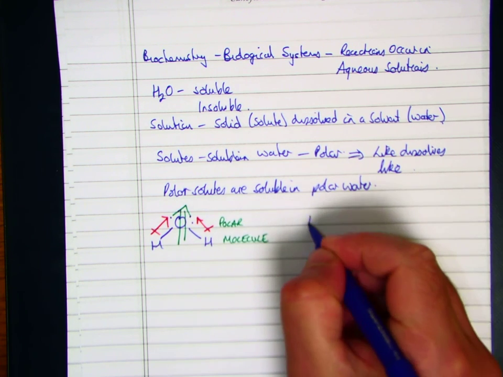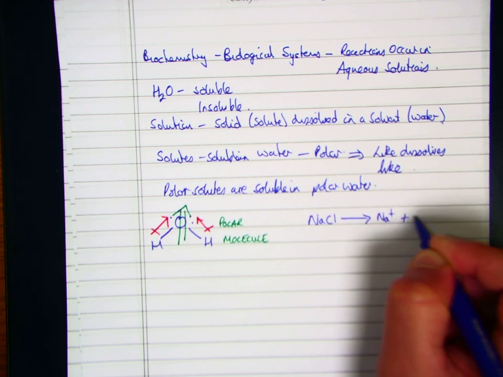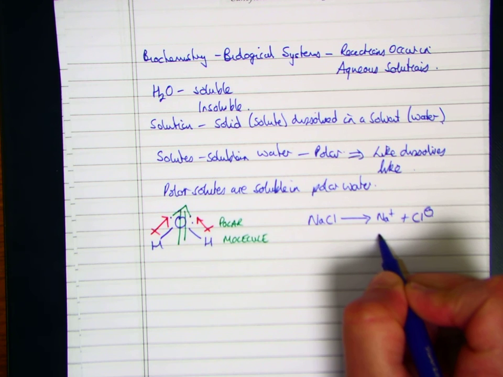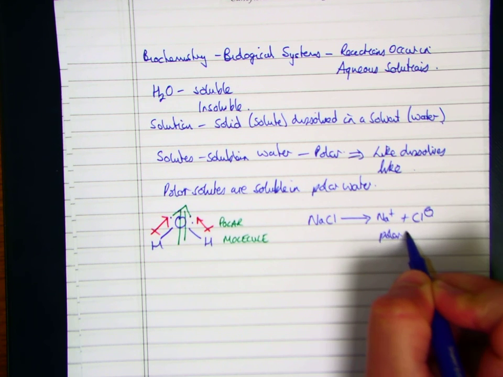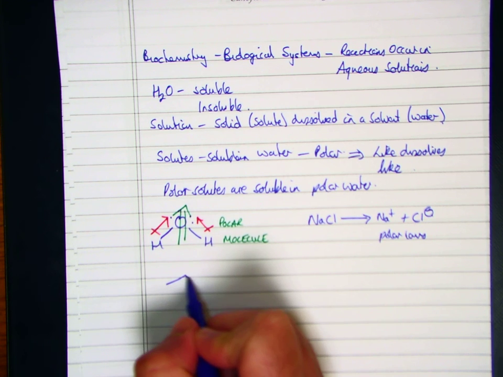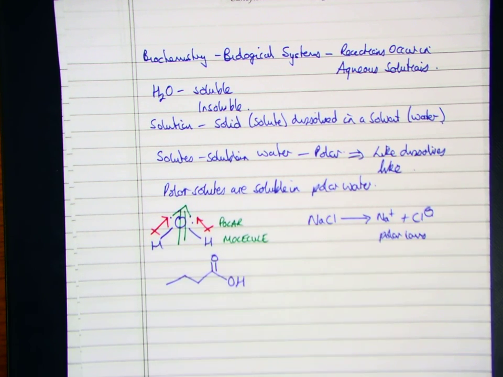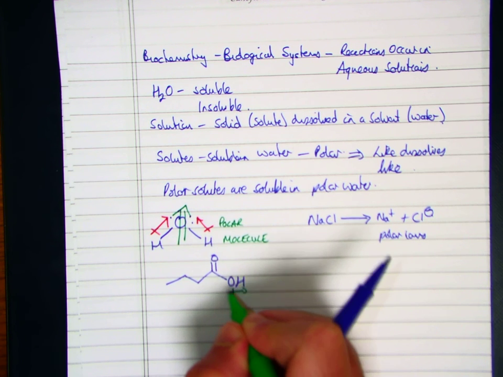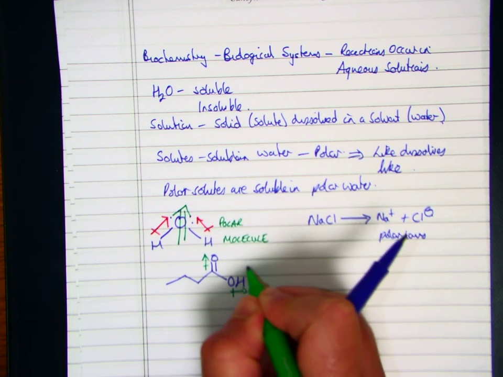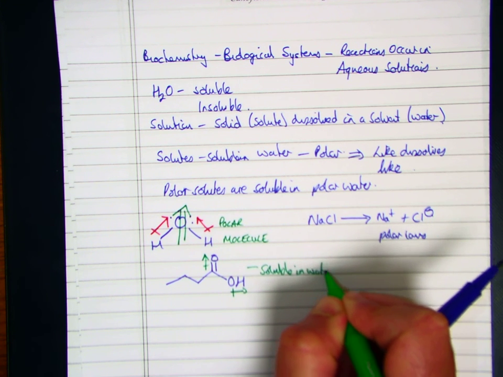So think about sodium chloride. We know it dissociates into sodium ions and chloride ions, both of which are polar ions that are charged species that are going to be soluble. We look at a carboxylic acid, like so. We know this bond is polar, we know this bond is polar, so this is going to be soluble in water.